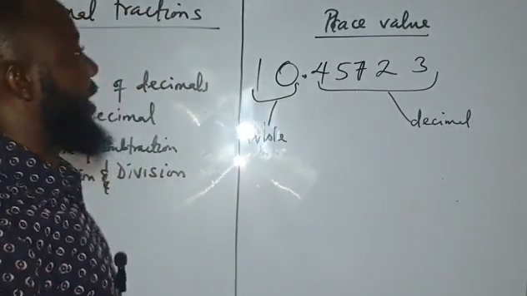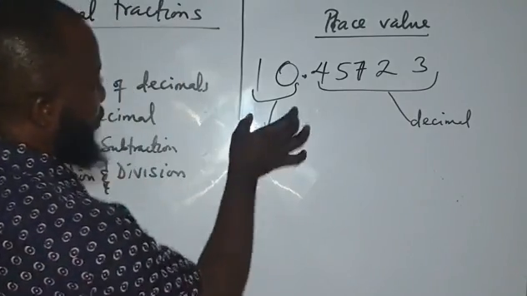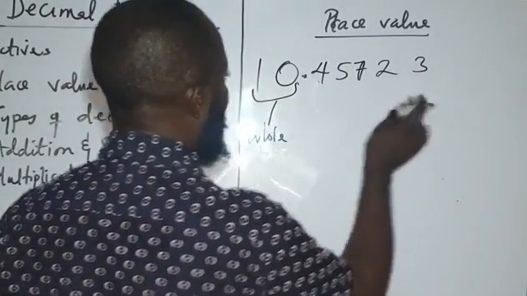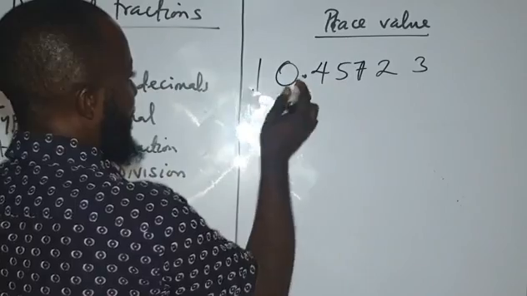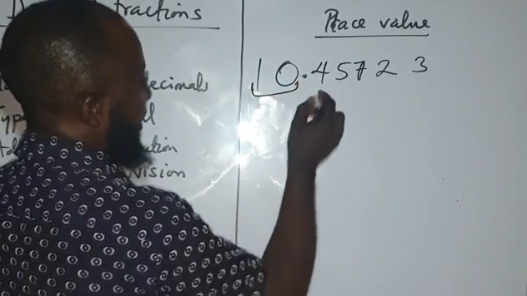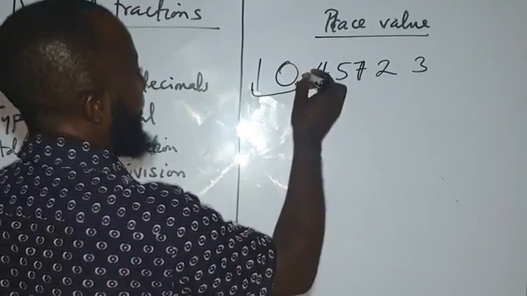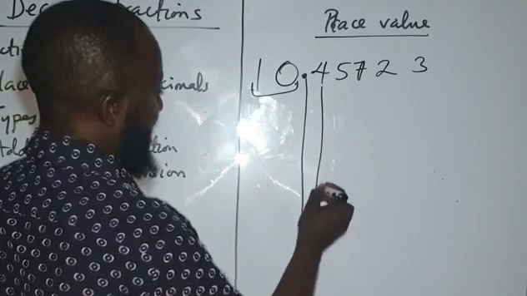Now let's look at how we find this. This is the whole number, right? Then this is the decimal point. This decimal point has its name.